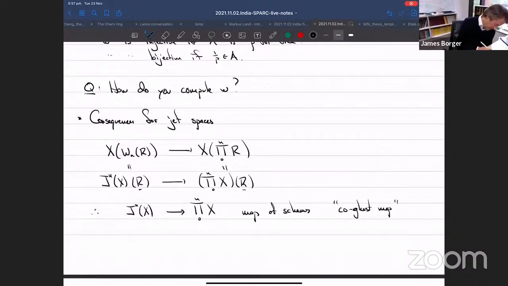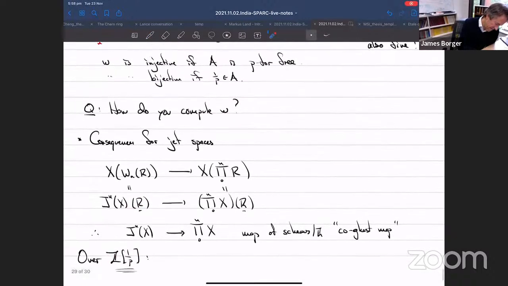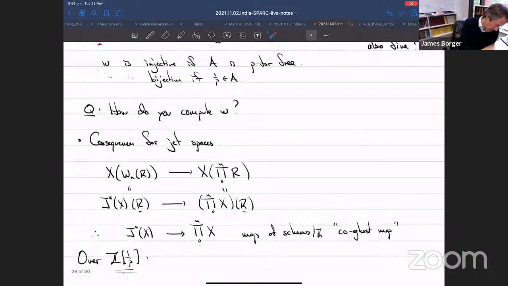I guess the point is that if you invert P, then what if you base change these schemes to this ring? These are schemes over Z. You base change to here, then in fact this becomes an isomorphism, simply because all the test algebras R will be algebras over this ring, and so P is invertible in all of them.